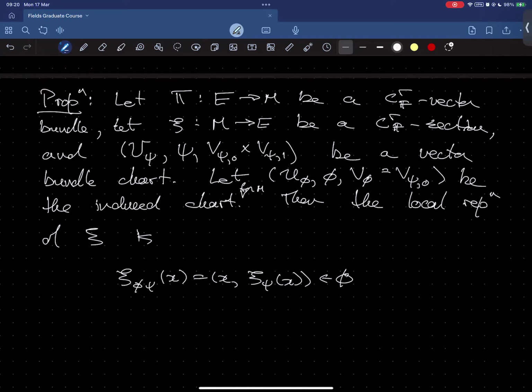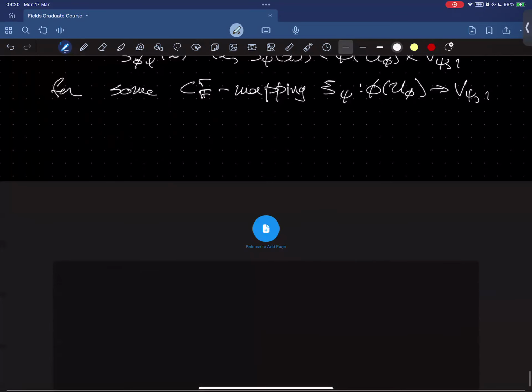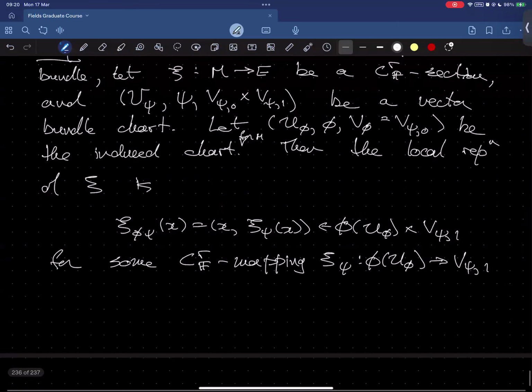So this is going to be a point in V psi 0 cross V psi 1, for some CR mapping C psi going from phi of U phi to V psi 1. And I'll name this mapping while I'm writing down the proposition that characterizes it.